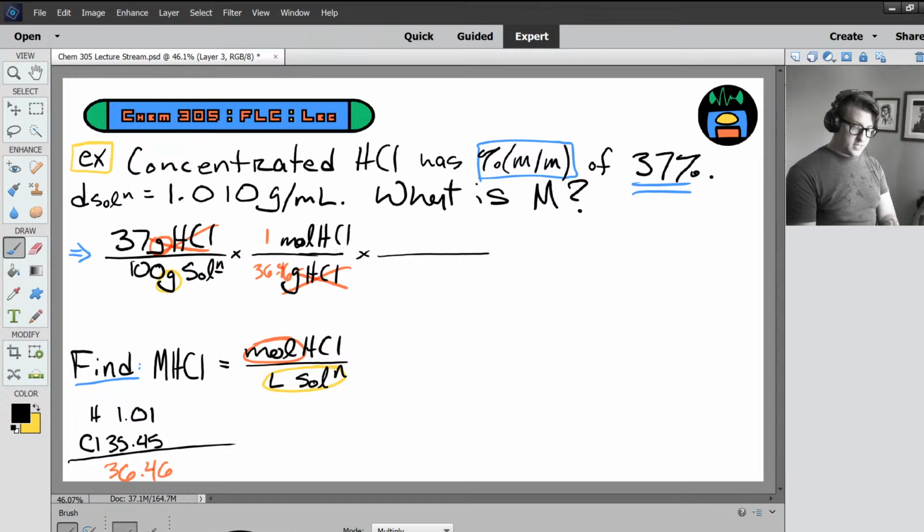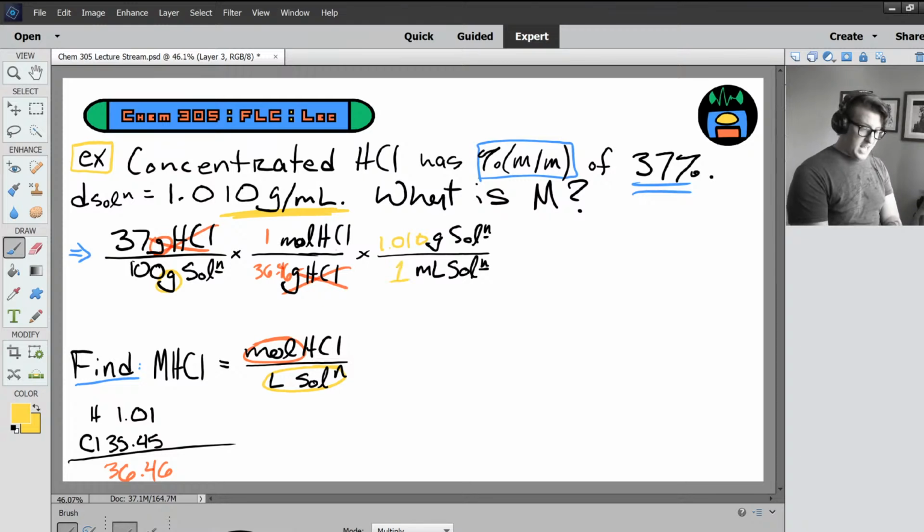We have grams, we want liters, right? And the density will not tell us how many liters, but at least it converts it to a volume, right? If we want to cancel grams of solution, we put grams of solution in the numerator. We want to be left with milliliters. And the density tells us that there are 1.010 grams of solution in 1 milliliter.